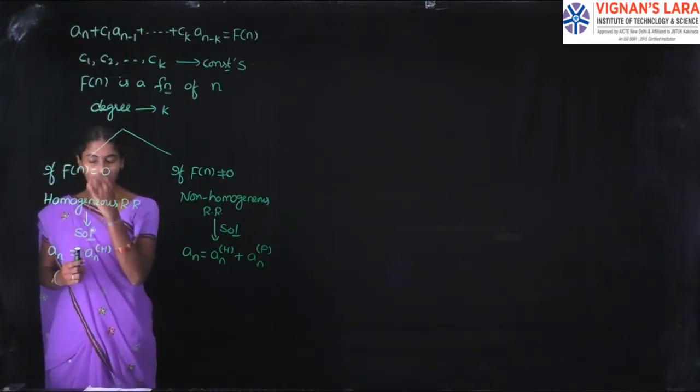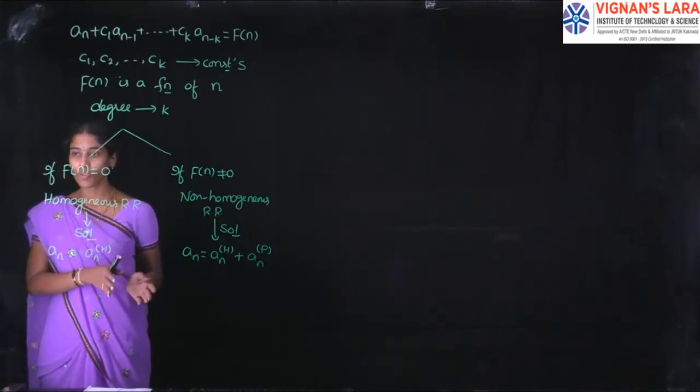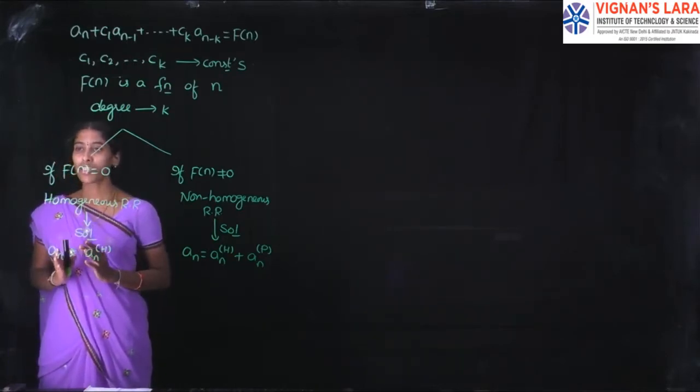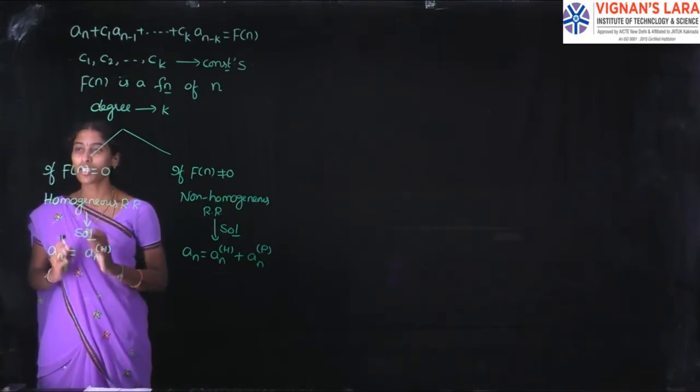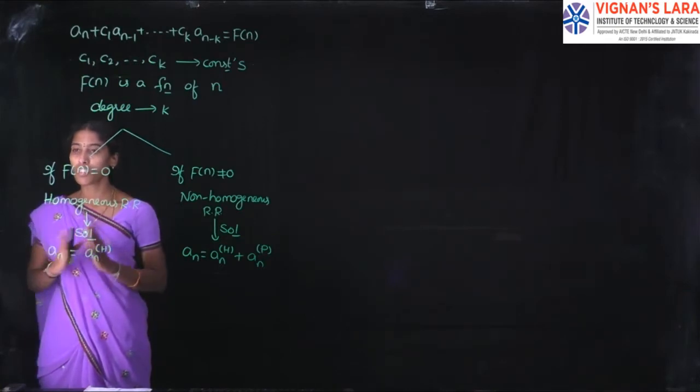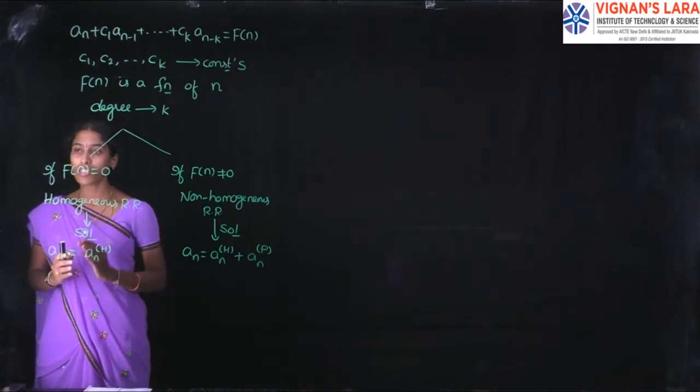For any given differential equation, if it is f(D) y = 0, its solution consists of y = y_c only, which is nothing but the complementary function. If the RHS is not equal to 0, that is f(D) y = Q(x), then its solution is y = y_c + y_p, where y_c is the complementary part and y_p is the particular solution.